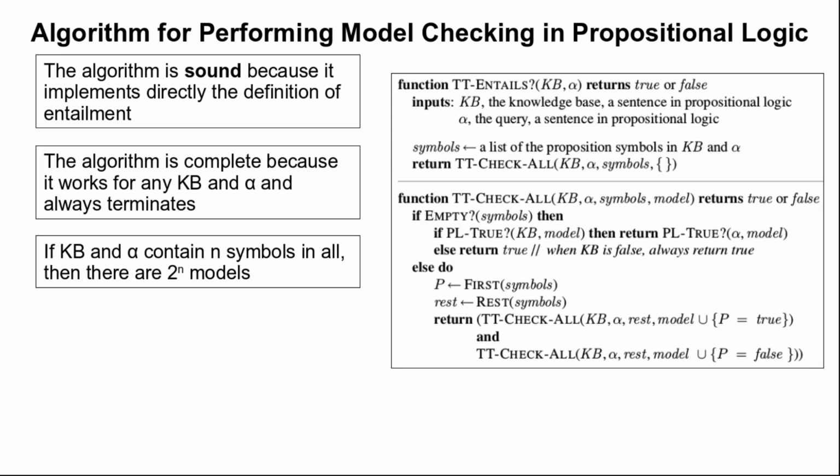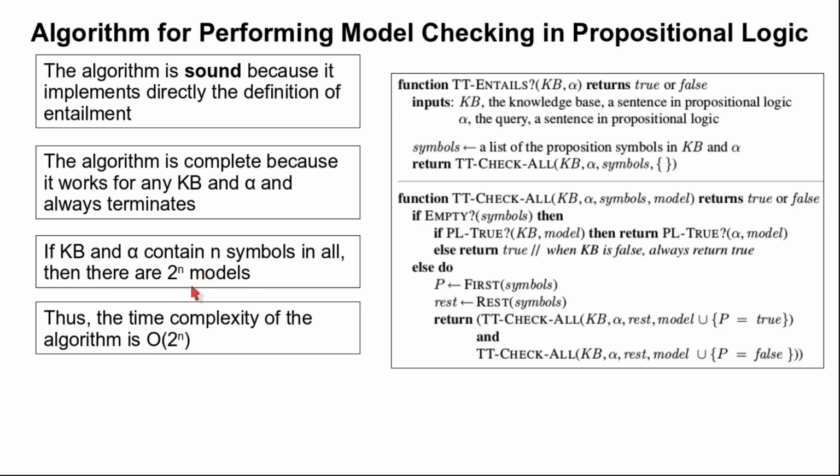Now if the knowledge base and alpha contain n symbols, then there will be 2 to the power n models. You already know this, because if we have 7 propositional symbols, then the total number of models was 2 to the power 7. In the same way, if you have n symbols, then it will be 2 to the power n models.